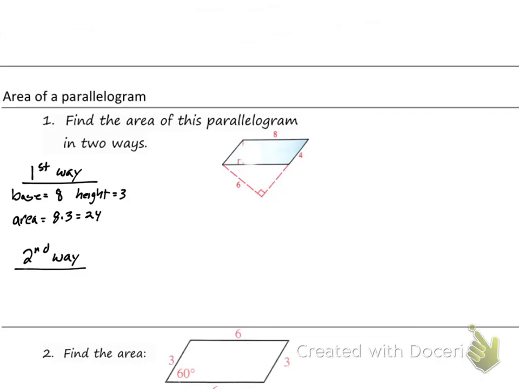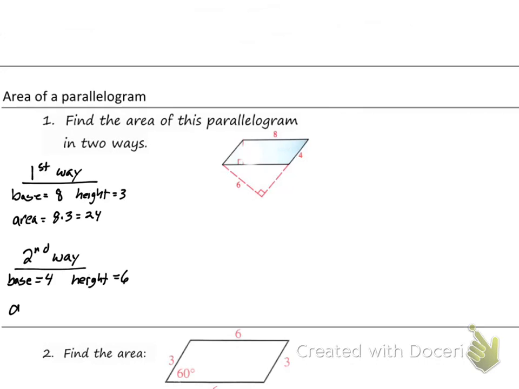Okay, so the second way we're going to do this is we're going to say our base is 4, we just kind of turn it, and our height is going to be the one that connects this top one to the bottom one and has length of 6. So our height is 6.